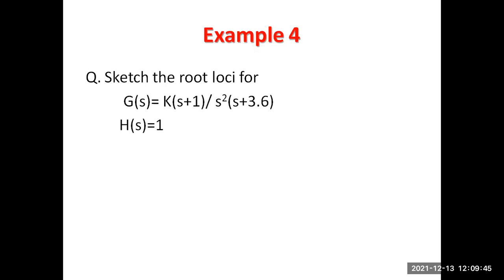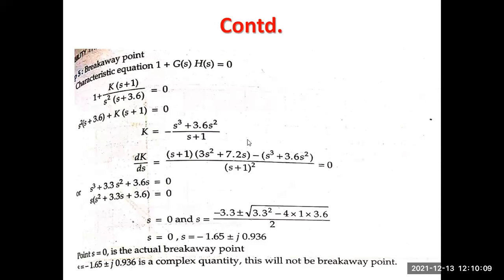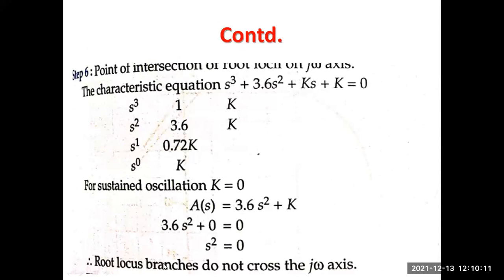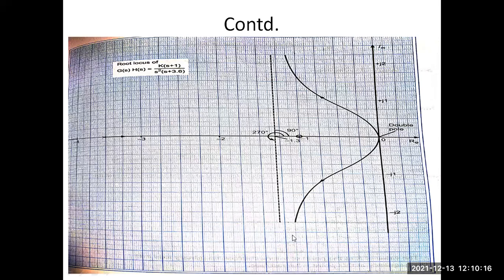What is the value of K for the system to be stable? 0. And what is the value of the roots? 0. So can we tell that there will be any intersection at the imaginary axis? Is it possible? No, sir. It is not possible. Though we are getting this value, root locus branches do not cross the j omega axis. So there is no question of that.